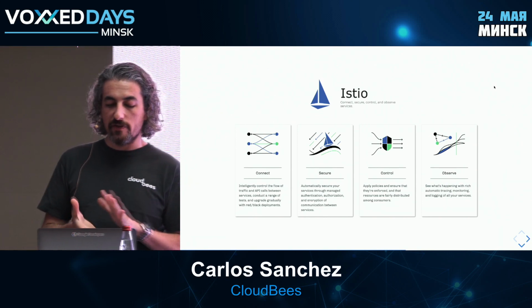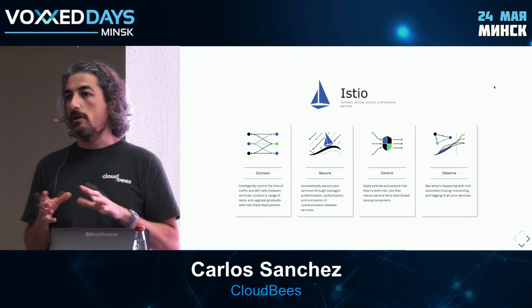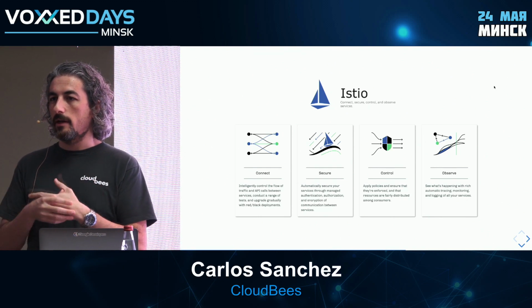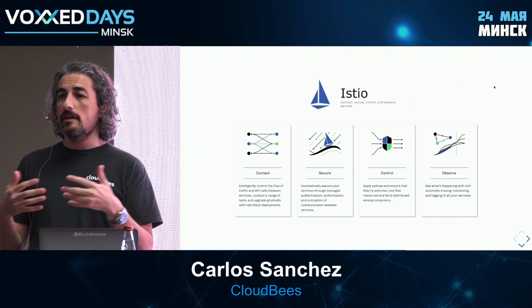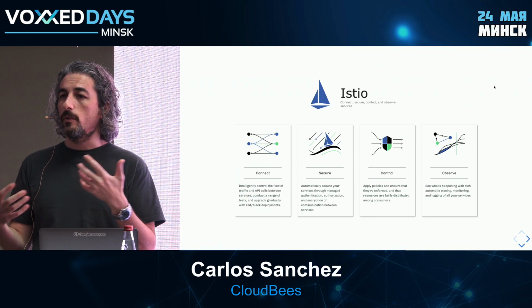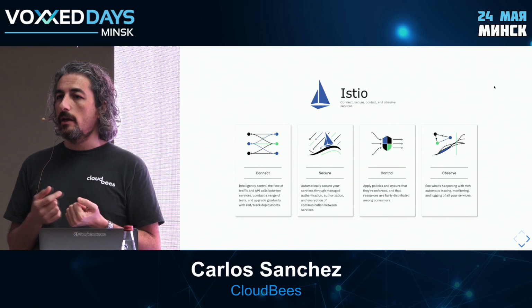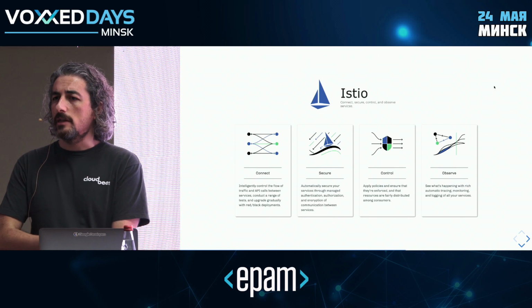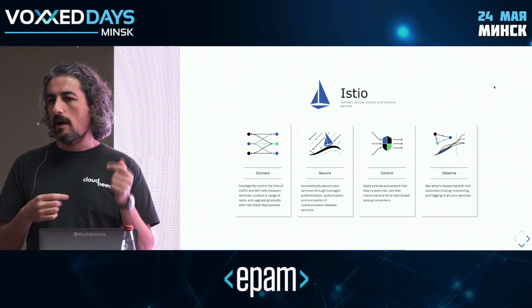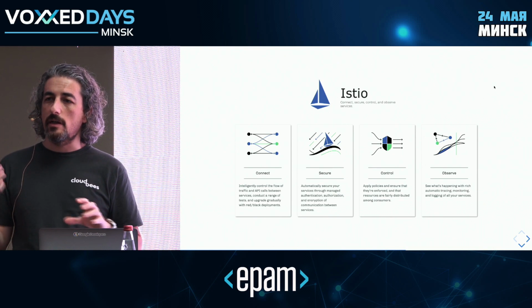So Istio is a service mesh that allows you to do a lot of things in your Kubernetes cluster networking. It allows you, for instance, to have TLS certificates between services, all encrypted communication between all the pods in your cluster, and allows you to have policies and control what's happening in the networking in your cluster, and get metrics out of everything.